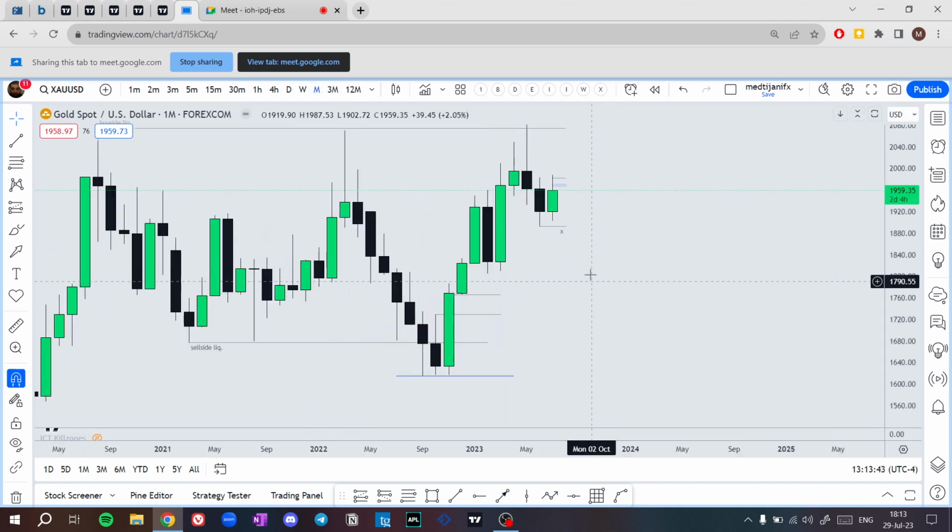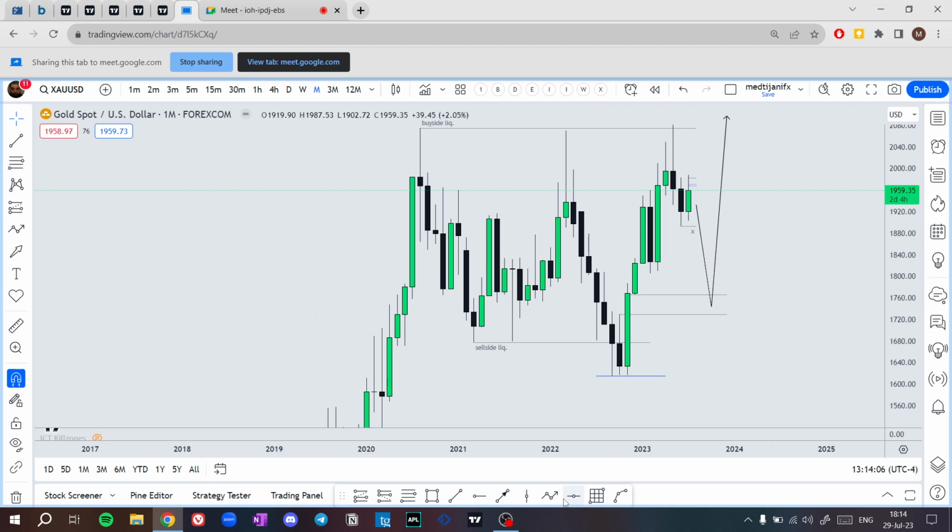If price takes this low, there is a higher chance that price is going to go higher from this monthly BC. So if price checks this low, it is going to check these equal lows here to fill this monthly BC and continue higher.